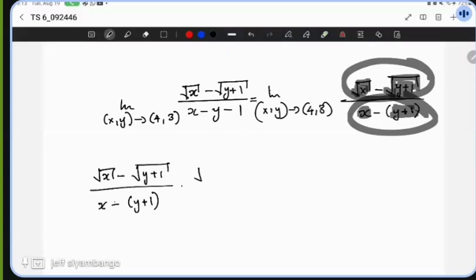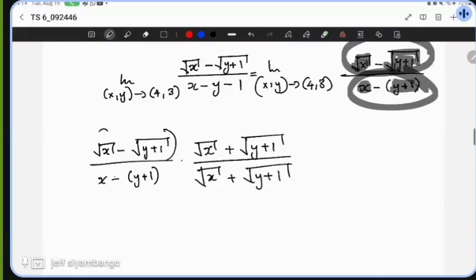So I'm going to have root of x plus root of y plus 1. Yes, it will resolve on its own. I've just seen how it is going to resolve on its own. Is it? I think so. Okay, we'll see. Let's proceed. Over root of x plus root of y plus 1.